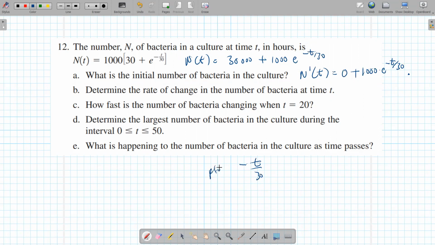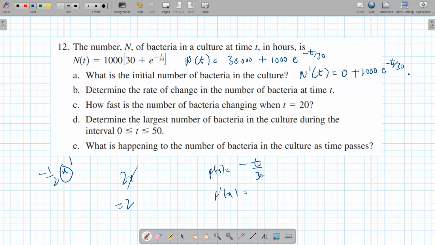Because this is our f of x, we need to find f prime of x. What's the derivative of 2x? Just drop the letter. 2x becomes 2. Negative 2x becomes negative 2. Negative 1 over 2x becomes negative 1 over 2. If it's power 1, you drop the letter.